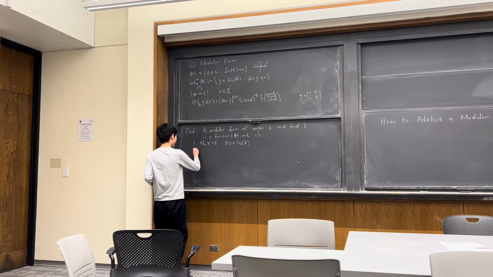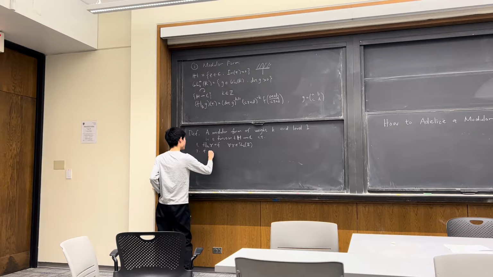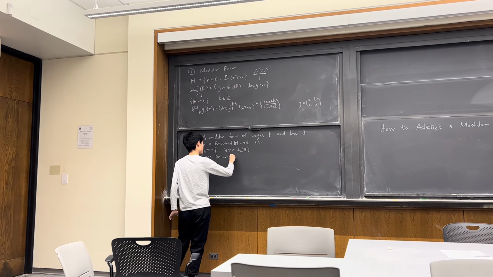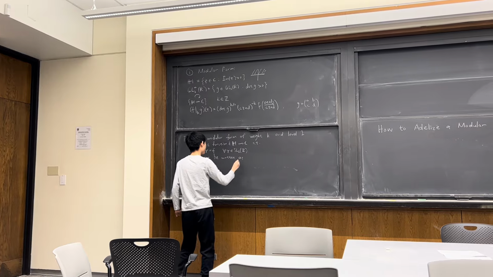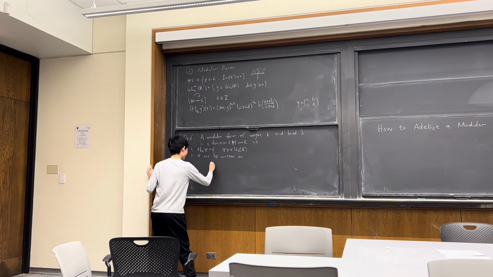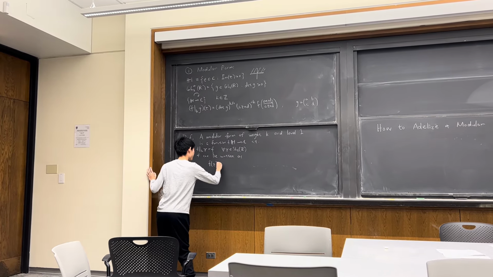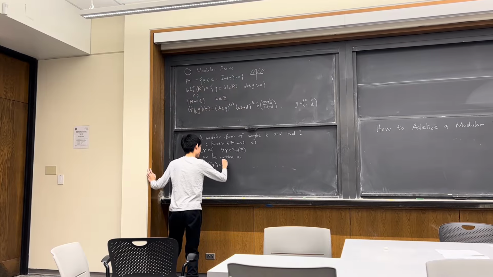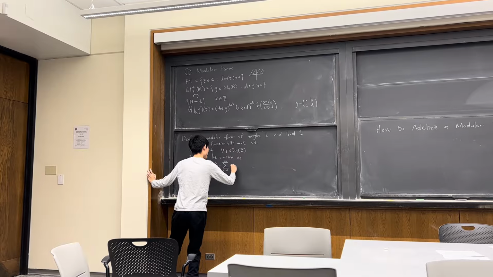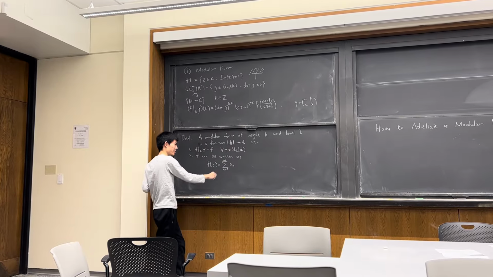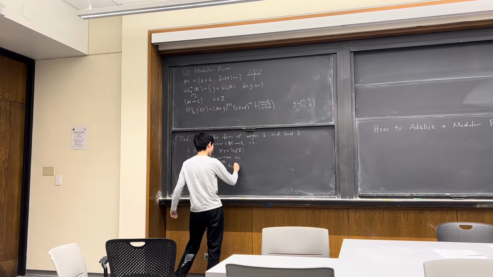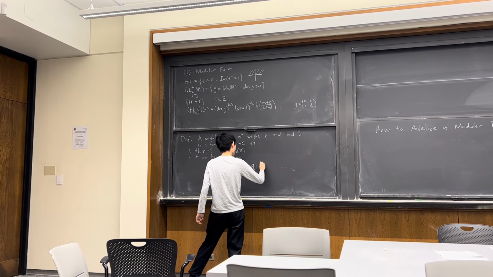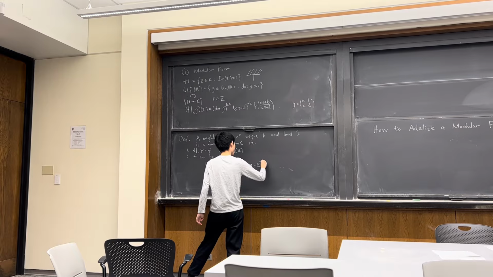Then the second condition is that f can be written as an infinite series like this, f of z equals the sum from n equals 0 to infinity of a_n, which is some complex number, times q to the n, where q is equal to e to the 2 pi i z.